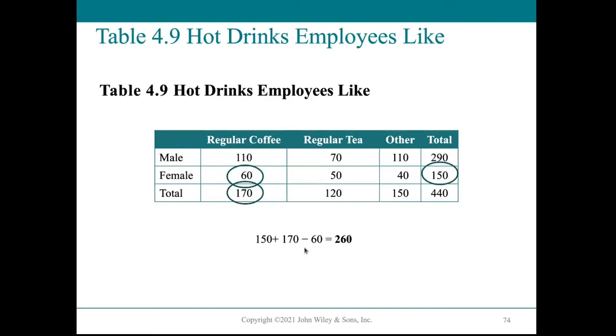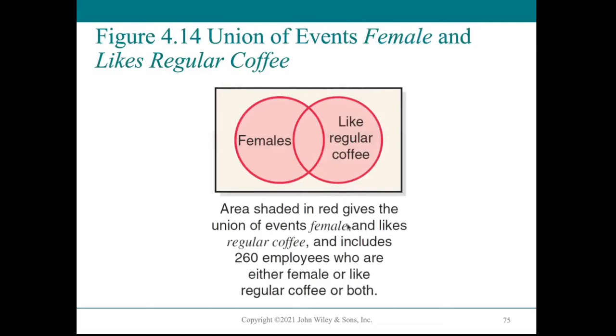However, we subtract 60 because this is the intersection, which is already counted in the total here and it's already counted in here as well. So we have an excess of 60. So 150 plus 170 minus 60, the intersection. Otherwise, you will count the females who like regular coffee twice. They will have a double count instead of just one count. So you have a total of 260. That's the union of events, where you are a female or you like regular coffee.